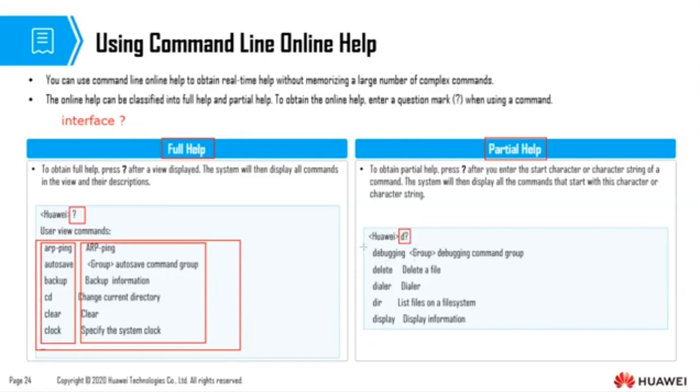It's going to bring us all the commands and their descriptions that start with a D on user view. So really, that is the main difference between full help and partial help. Please remember that whenever you're using partial help, we do not have a space between the word and the question mark.